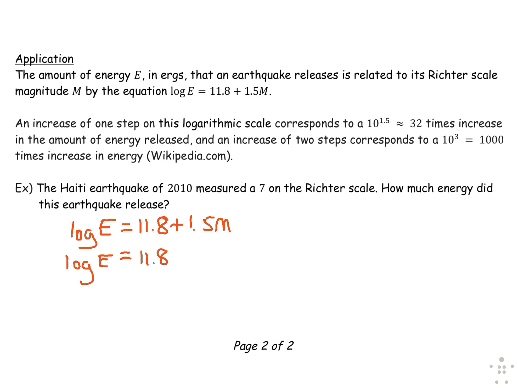But the M in this context is equal to 7. So let's clean up the right-hand side here. 1.5 times 7. Well, that's 7 plus half of 7, or 3.5. So we're looking at 10.5, which we now add to 11.8.